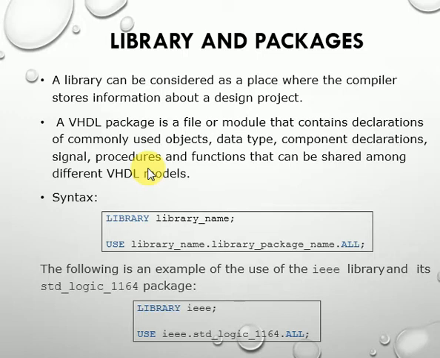We have already taken one example for that, where we used the IEEE library. We used the syntax library IEEE, and then a use clause: use IEEE dot std_logic_1164 dot all. Here IEEE is the library name, std_logic_1164 is a package present in this IEEE library, and all is a keyword, so it includes all the files or models present in that package.